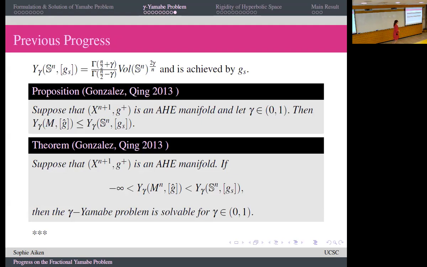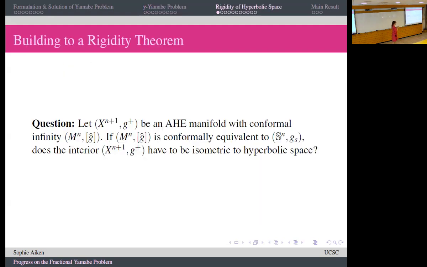So we're going to tackle this from a rigidity point of view, where we have this question: if I have an asymptotically hyperbolic Einstein manifold as my filling in, and I know that my boundary is already conformally equivalent to the sphere, does that require that my interior be isometric to hyperbolic space? So does knowing something about the boundary require rigidity of what the interior actually is?